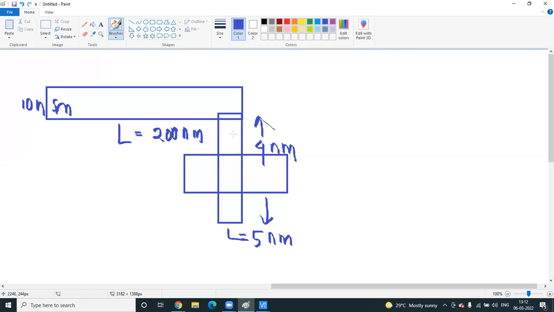So this is length, this is height of the poly. So metal area, you know.